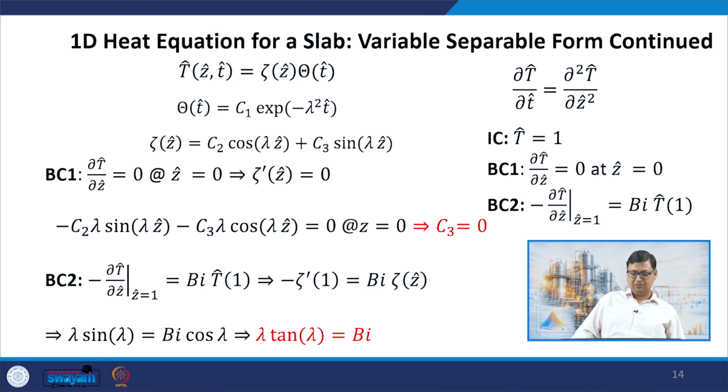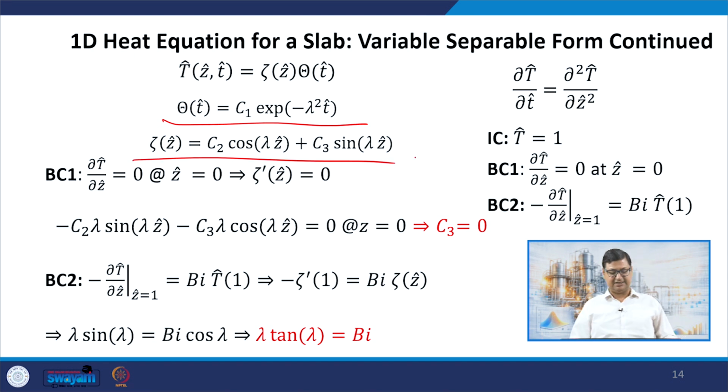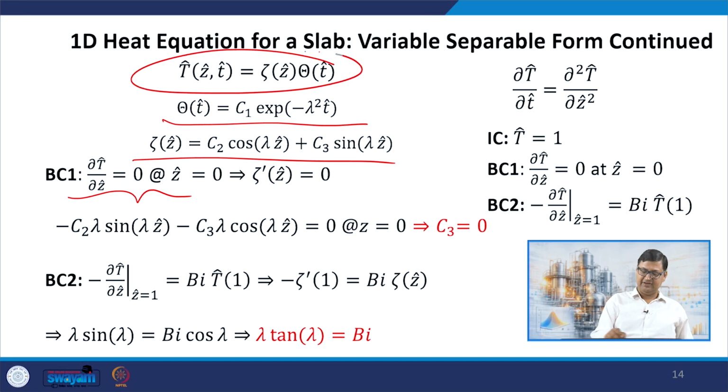So, now I have this general solution for theta and zeta, and now I can plug in my initial and boundary conditions to get these constant values, right. Let me first use the boundary conditions. The first boundary condition is at z cap equal to 0, and if I plug it in my definition here, theta will come out because theta is not a function of z.